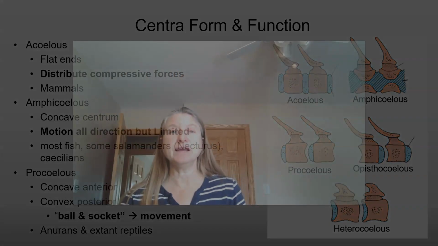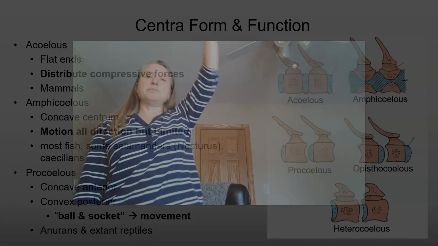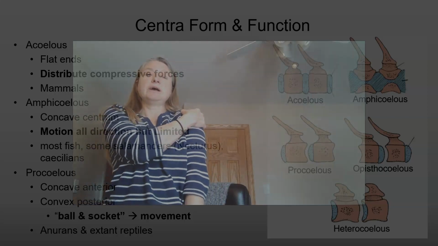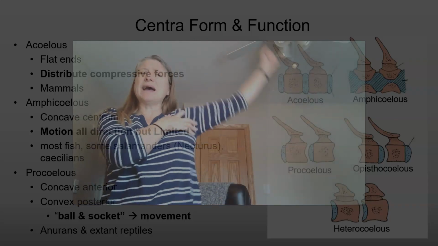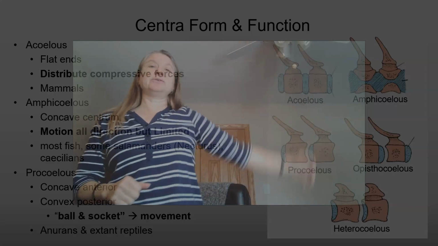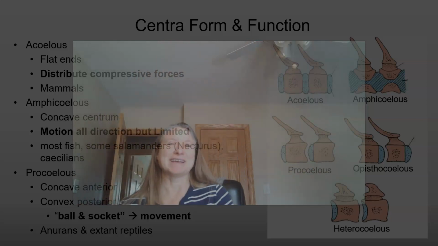So if you think about when you stand up and you move your arm, this ball and socket joint with your humerus to your pectoral girdle allows a large range of motion. So I can do all kinds of things with that. So get up and move a little bit and check it out.